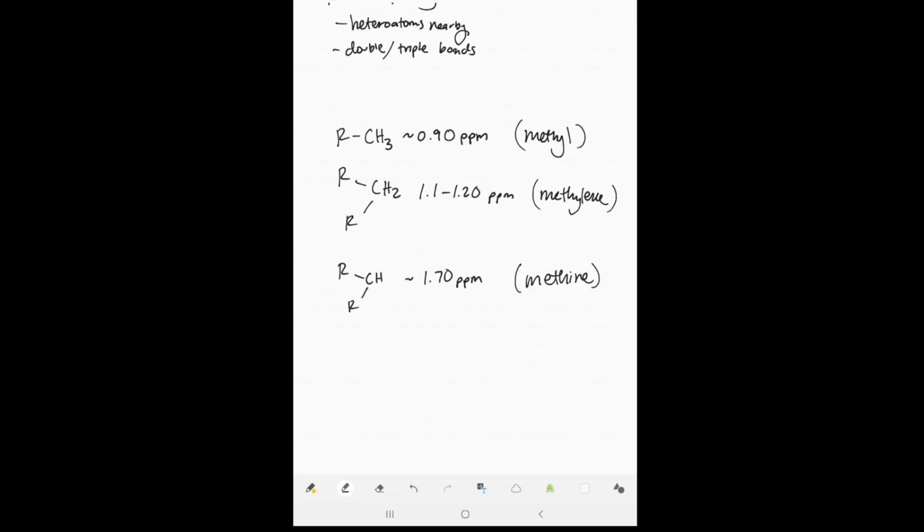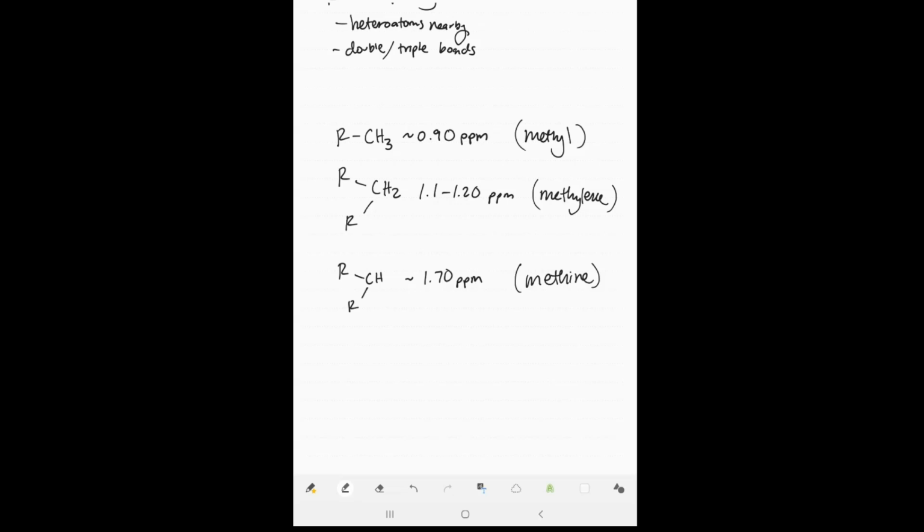And you're going to see that sometimes you'll just see tables of all these values. These values are pretty reliable. Unlike in IR, which is sometimes a little wonky, and it's tough to say, well, this is off 50 wave numbers from where I thought it would be. Don't worry about that. With NMR, you can be pretty sure that things are going to show up where you expect them to.